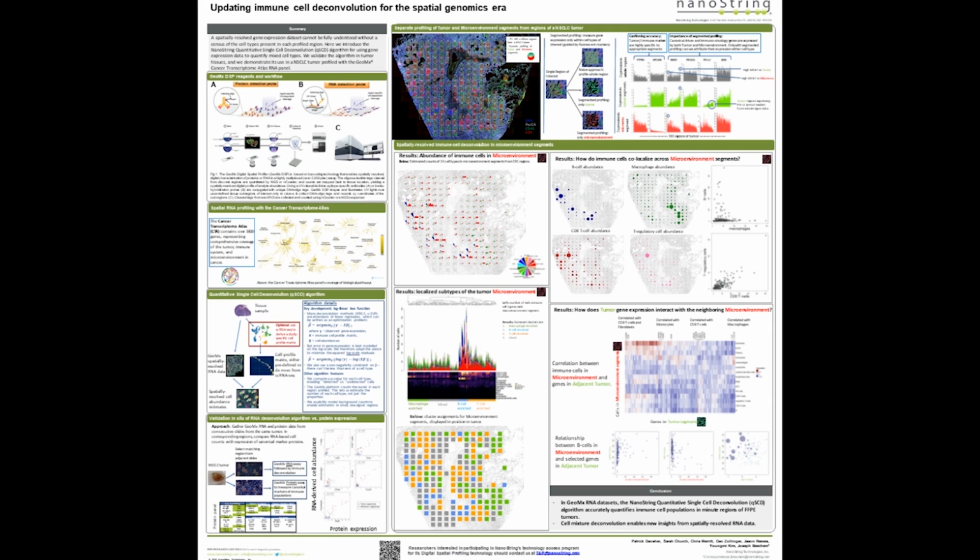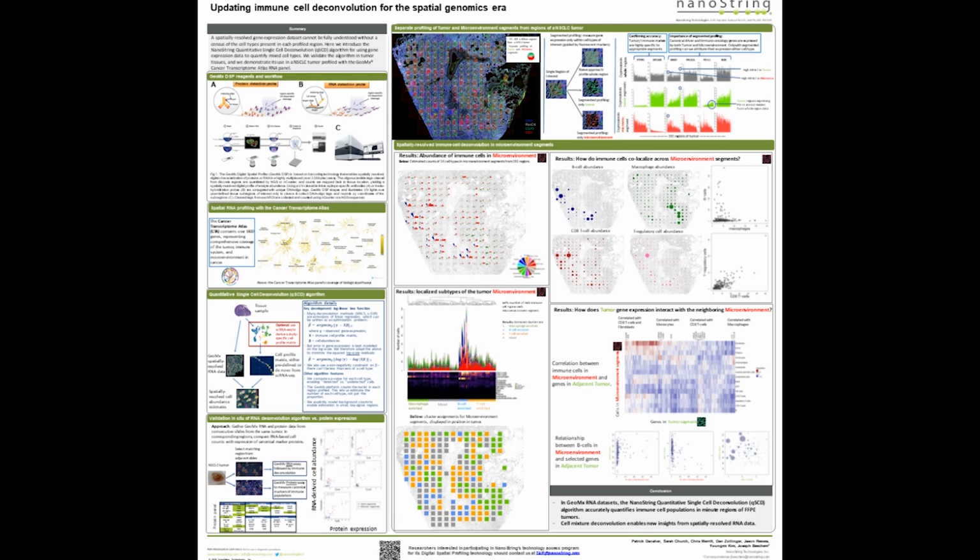So this is the expected expression profile of a T cell, of a B cell, of a fibroblast. Then with those two inputs, the genomics data and this cell profile matrix, you put them into the algorithm and get out a spatially localized estimate of the abundances of all these cell types in your study. So this is T cell abundance, B cell abundance, fibroblast abundance within each region of the tissue.